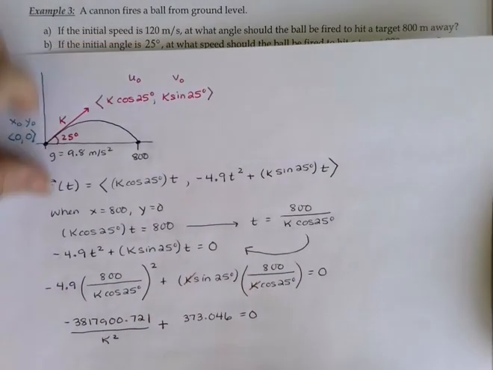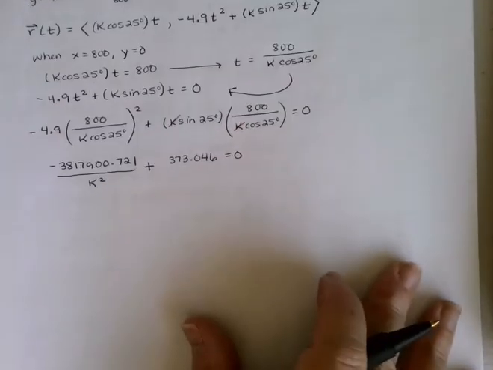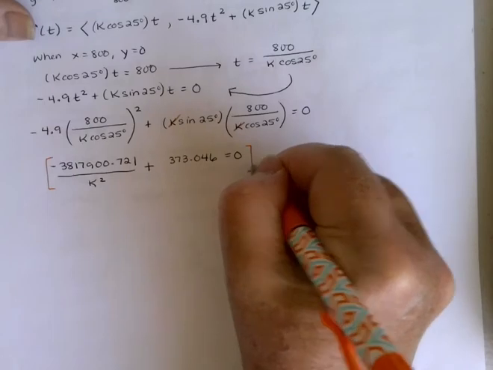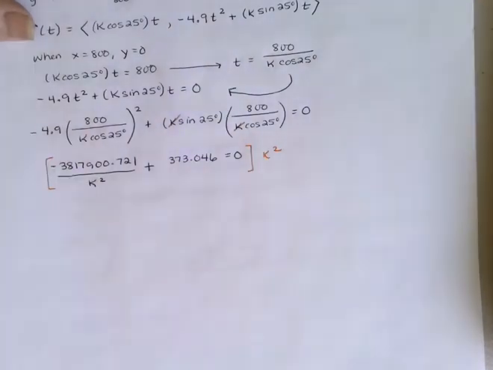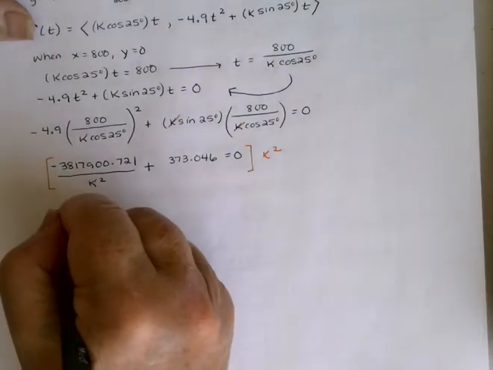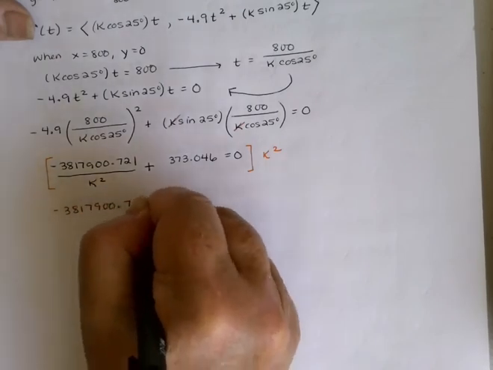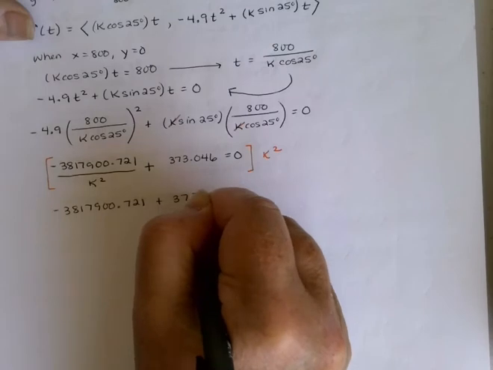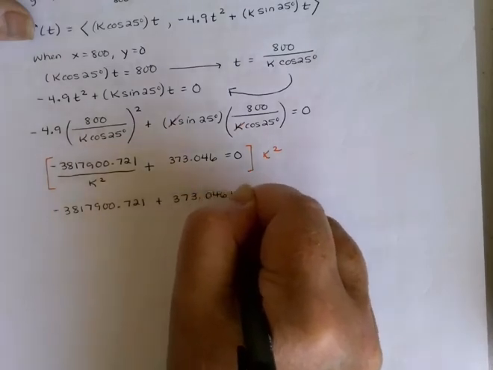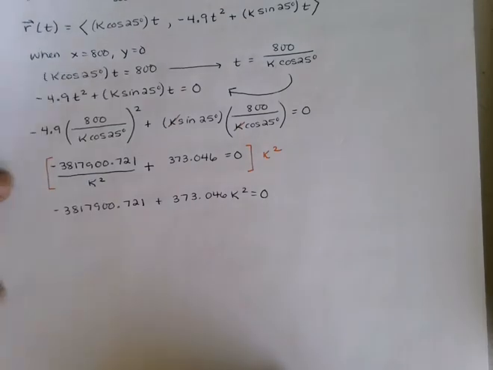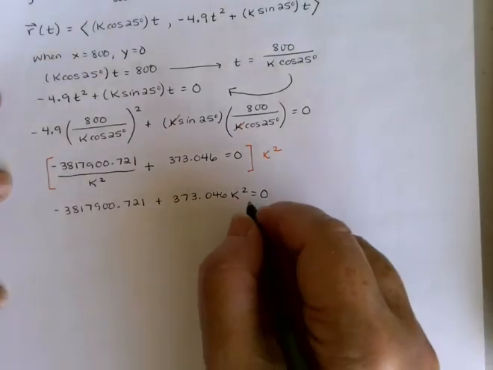And let's just multiply through by k squared to clear the fractions. And k is the only unknown here, and it's pretty easy to get at, so this one's not going to be too bad.